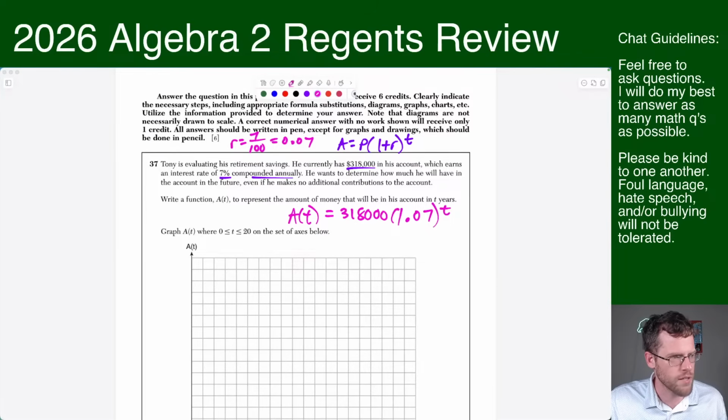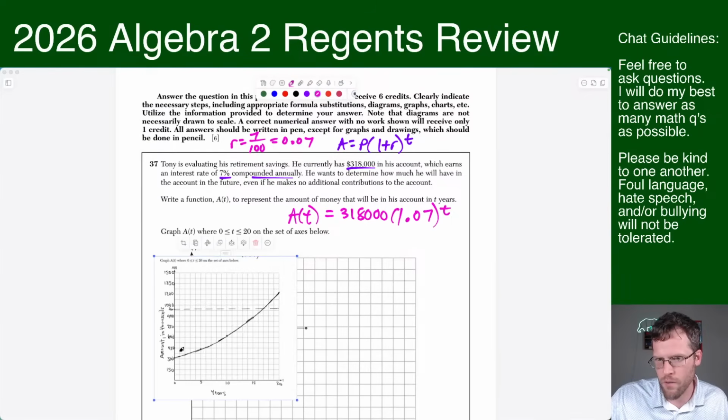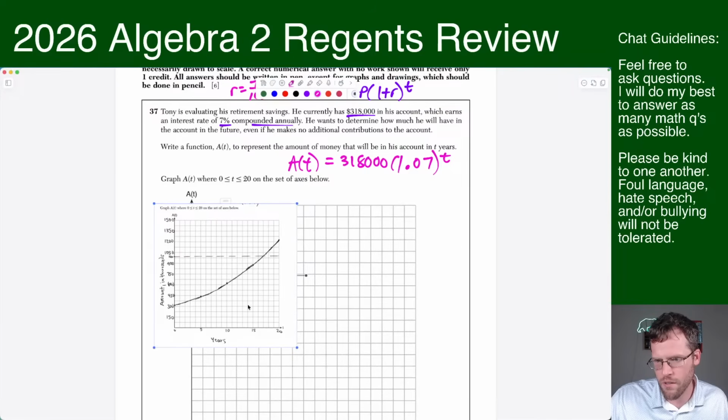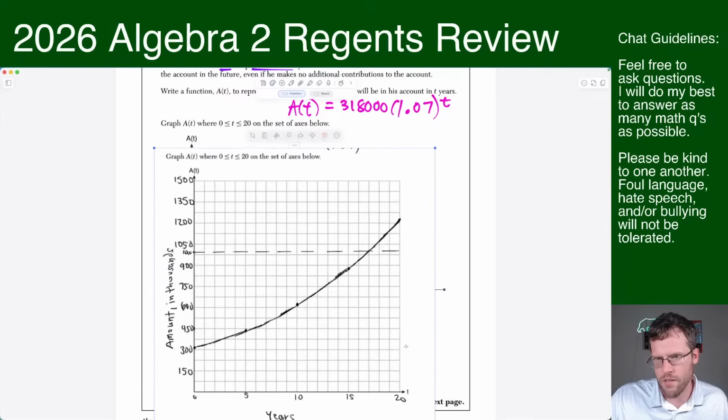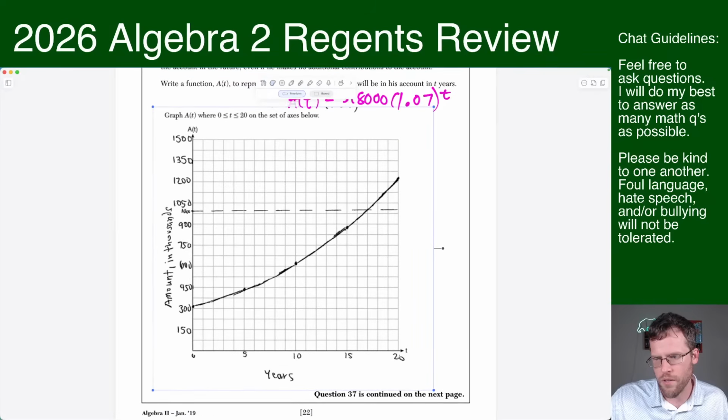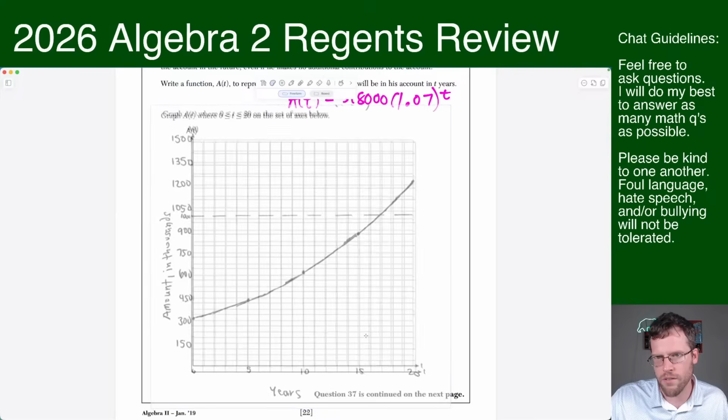What they did was they counted by thousands. They didn't write out the 100,000. They said this is the amount in thousands, and this is what the student put. So this is the model response.